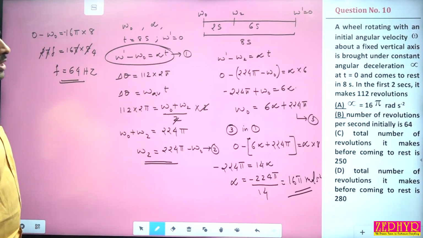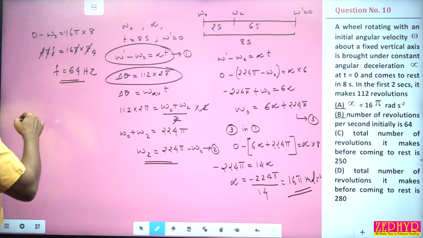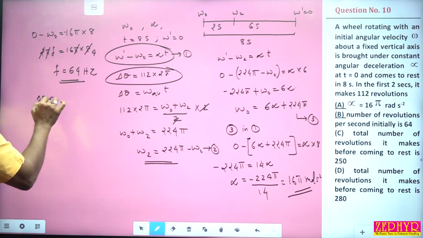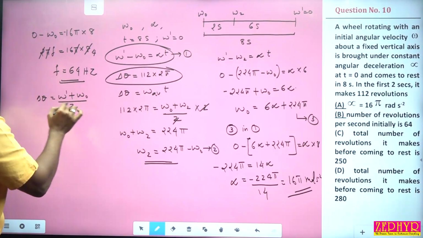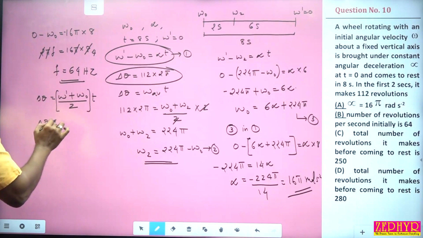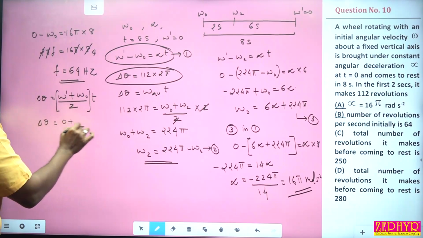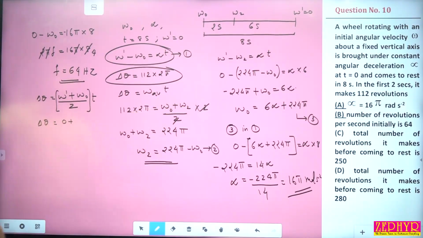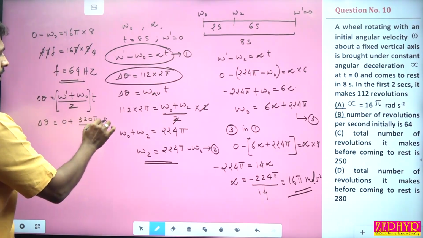What is the total number of revolutions it makes before coming to rest? For finding the total number of revolutions, we can consider the equation delta theta is equal to final angular velocity plus initial angular velocity divided by 2 into t, where t is the total time taken. Delta theta is equal to omega naught plus omega dash, omega dash is 0, omega naught is 6 alpha plus 224 pi. You can substitute alpha as 16 pi, so it is 320 pi by 2, and the total time taken is 8 seconds.